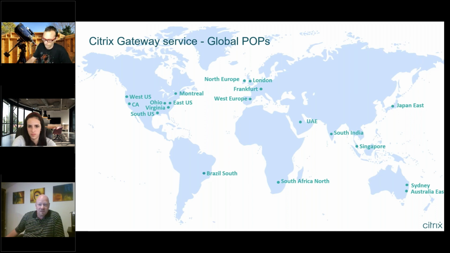And in fact, today we have 19 that help enterprises deliver these high-performing applications anywhere in the world while minimizing the effects of network outages. And with this global presence managed by Citrix, enterprises no longer need to worry about implementing high availability or global server load balancing between multiple data centers to have this global availability.